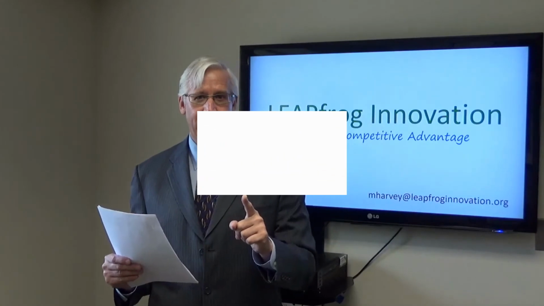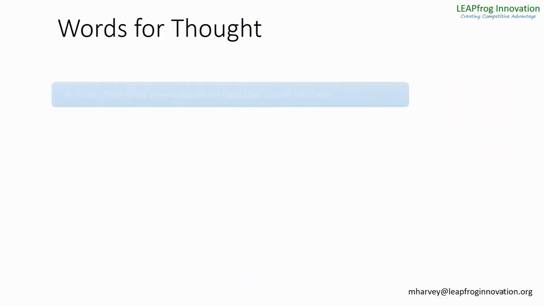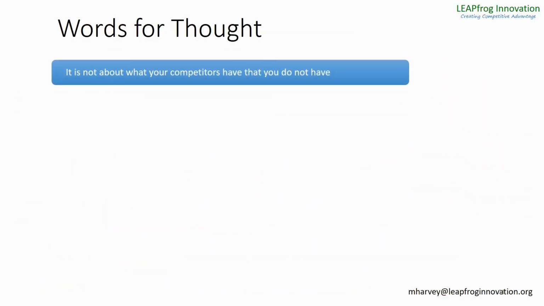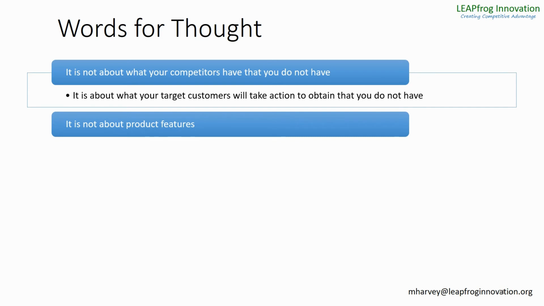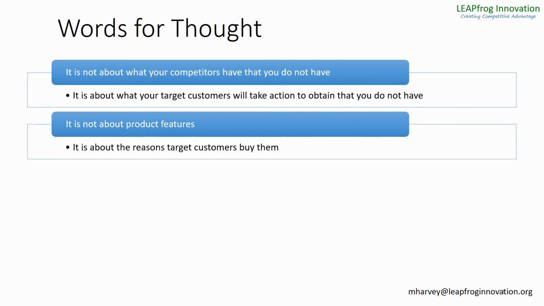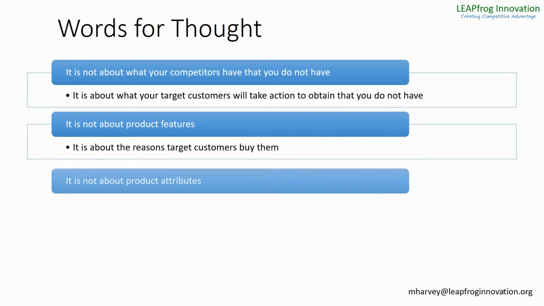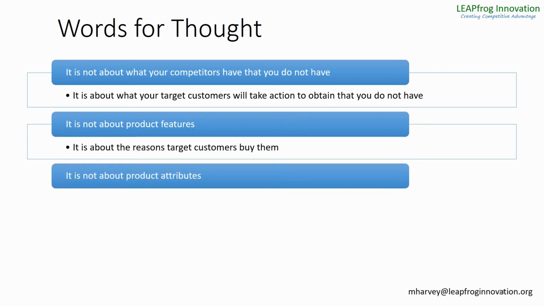Here are some words for thought. It is not about what your competitors have that you do not have. It is about what your target customers will take action to obtain that you do not have. It is not about product features. It is about the reasons target customers buy them. It is not about product attributes.